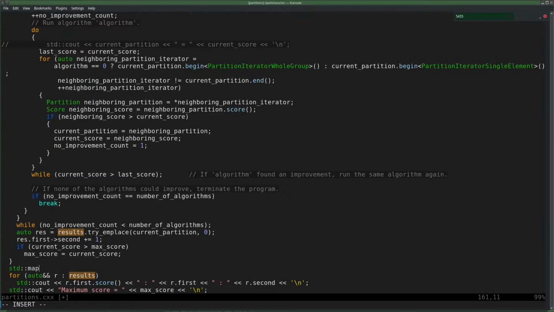Let's make another map and then we use score as the key. And yeah, partition as the data.